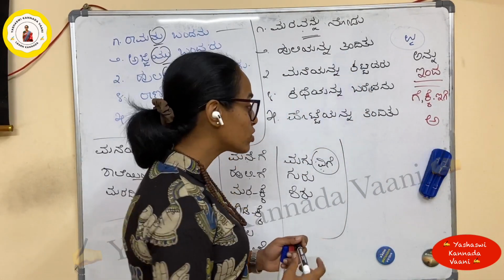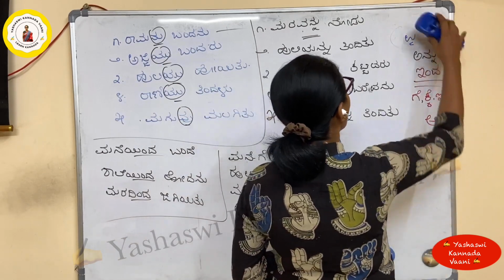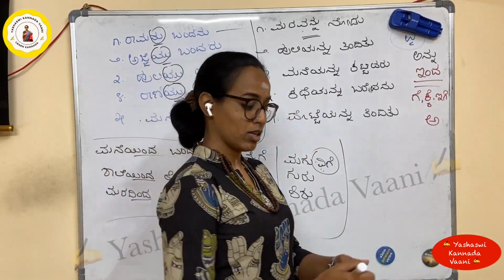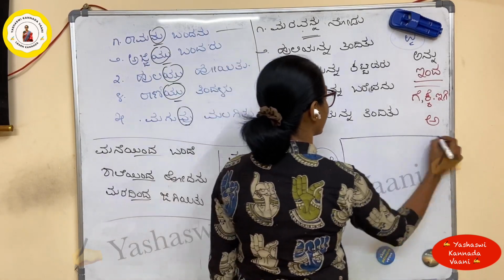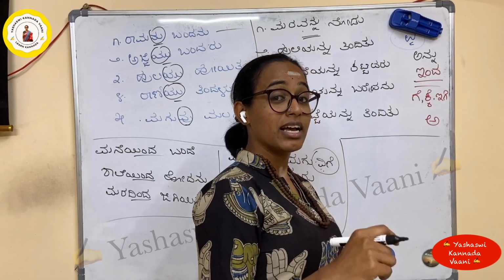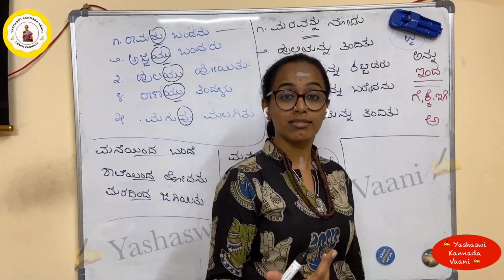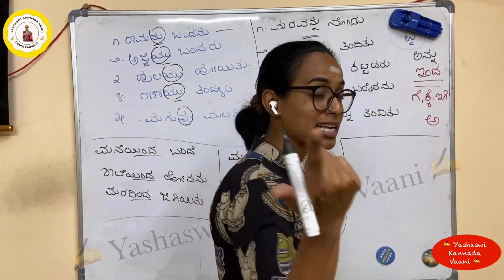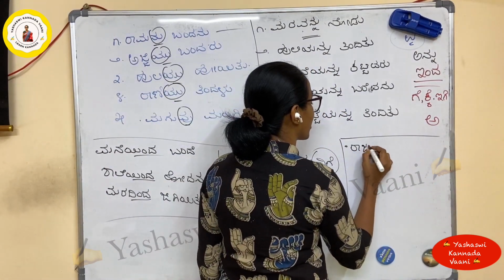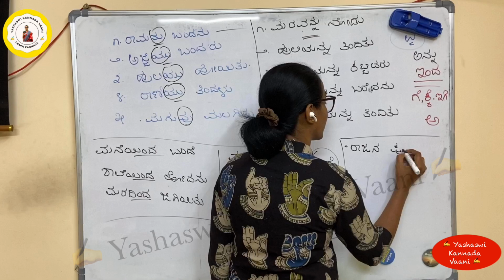Okay, so I want to say now, this is Meena's book, Raju's book. So how do I say apostrophe S in English, right? How do you say it in your mother tongue? Think about that, keep the answer ready with you. I'll write it for Kannada. Rajana Pustaka.